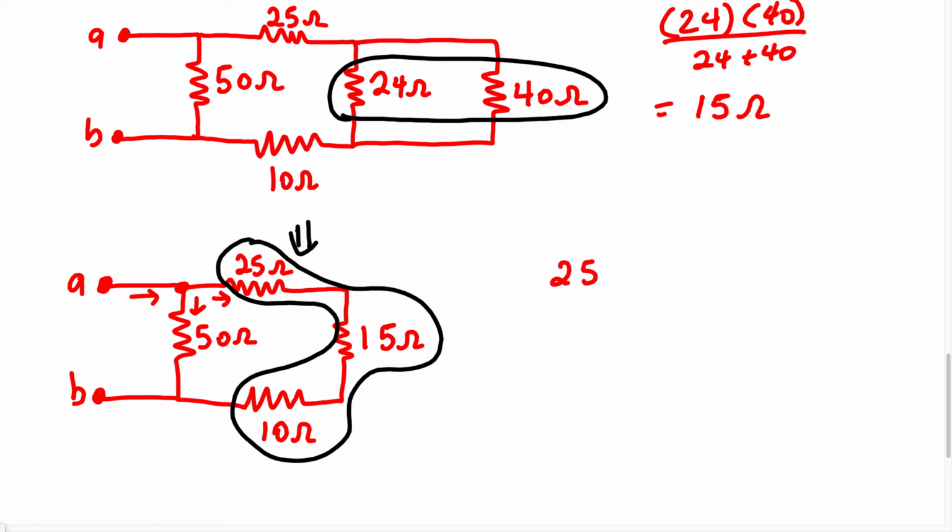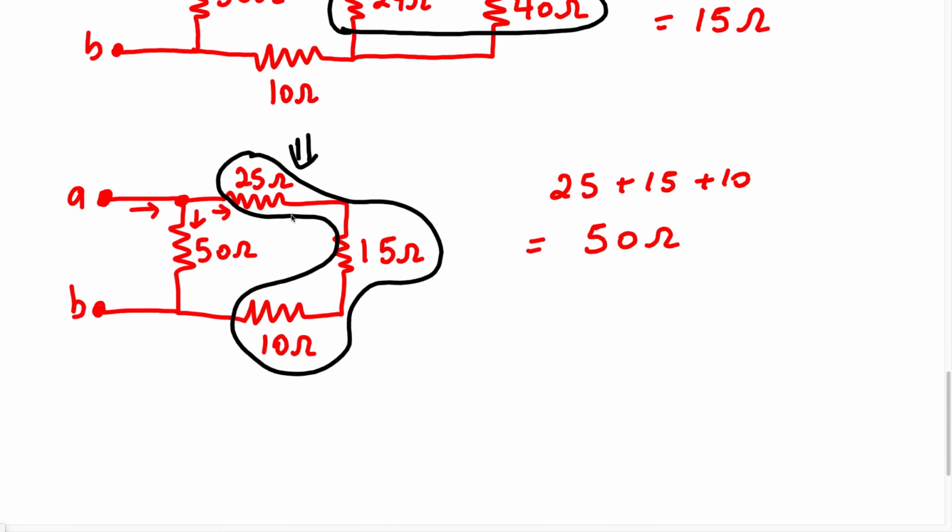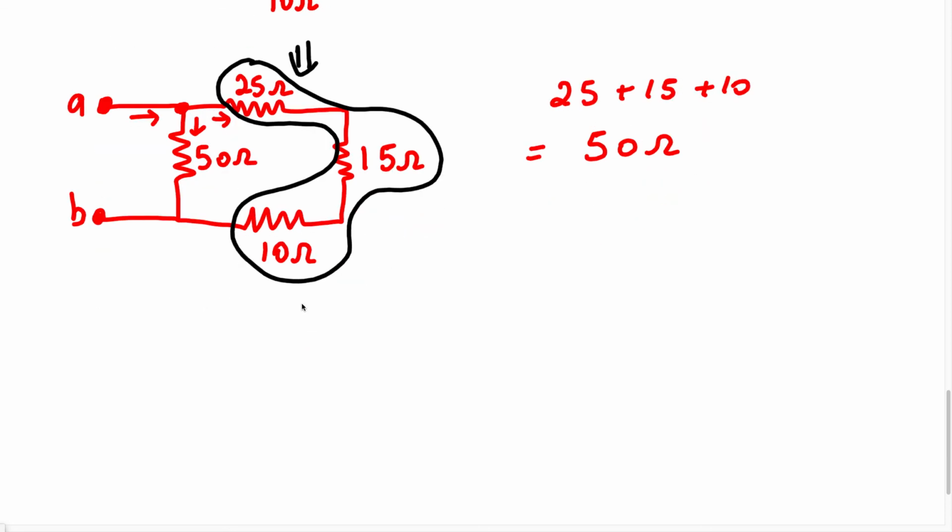So we can say 25 plus 15 plus 10, that's going to give us 50 ohm. So let's redraw this circuit again to represent the equivalent resistance for these three resistors. So we have something that's going to look like this.